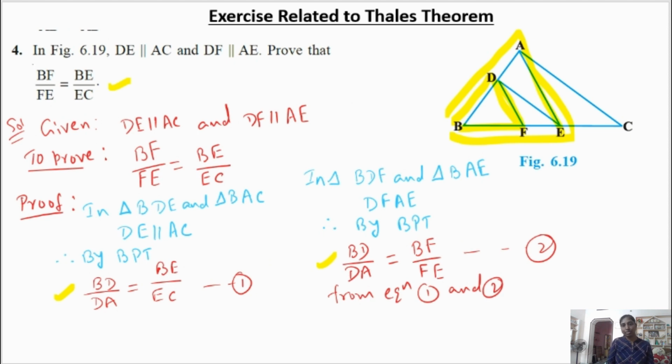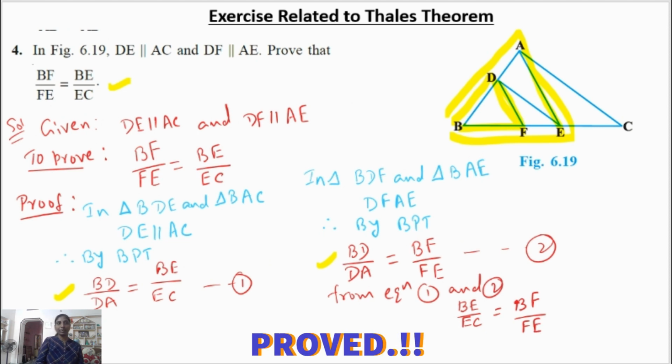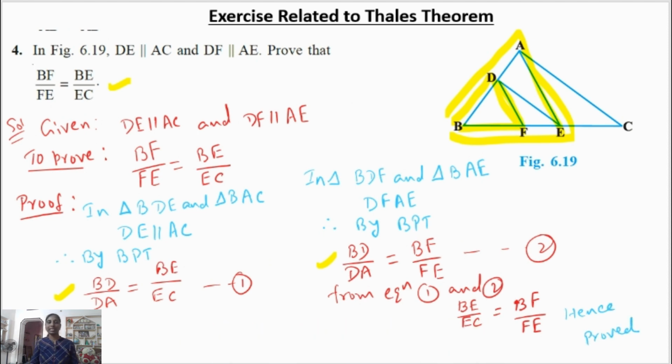So from equation number 1 and 2, we can write BE by EC is equal to BF by FE. So hence proved. I hope it is clear to all of you.